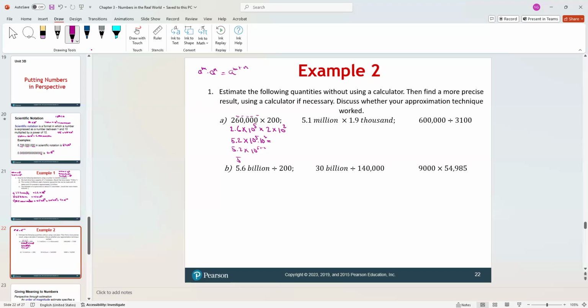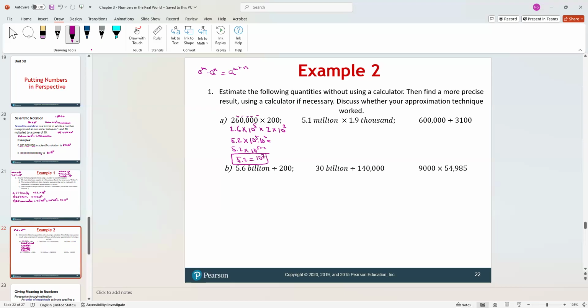That makes it 10 power 7. So we can express it like this, 5.2 times 10 power 7. Very important, we can write it this way.